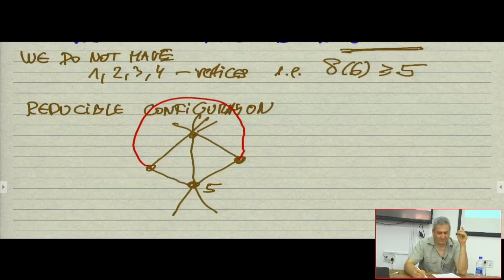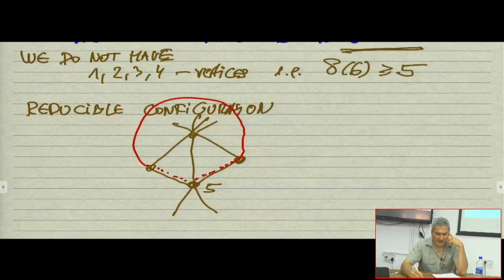Because if I have this edge, look, also this is a triangle now, yes? This thing is a triangle, yes? And I have something inside and something outside.